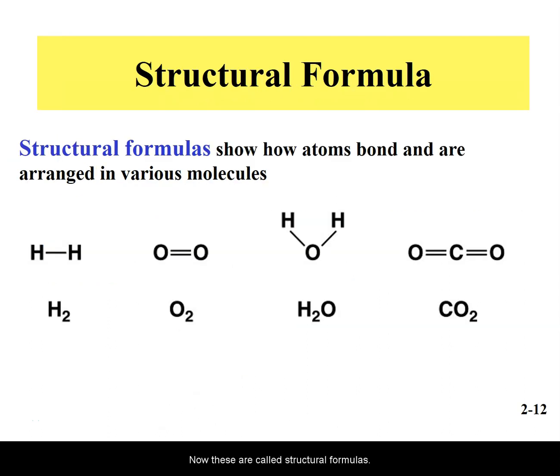Now these are called structural formulas, also called chemical formulas. Here we have that 1 bond between 2 hydrogen atoms, 2 bonds between the oxygen, O2, and here H2O with 1 oxygen.